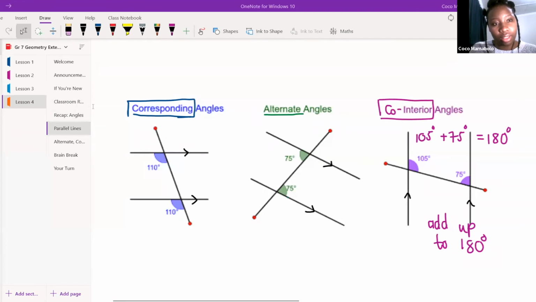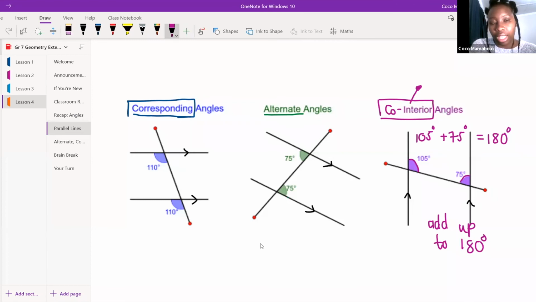Hello. Good afternoon, Miss. Miss, is a co-interior angle two angles that are on the same side of the transversal? Yes, exactly. Do you see how they're on the inside? What does the word interior mean, Roland? It means like the interior of a car.